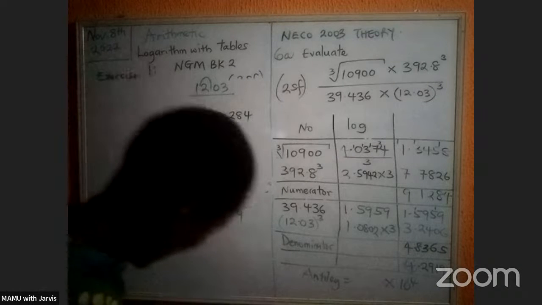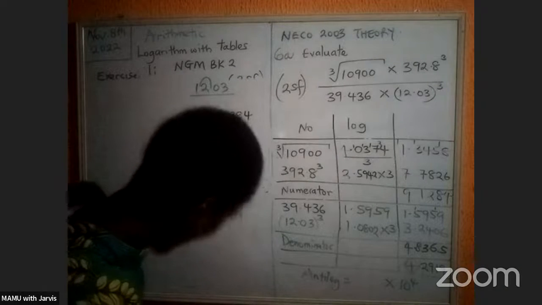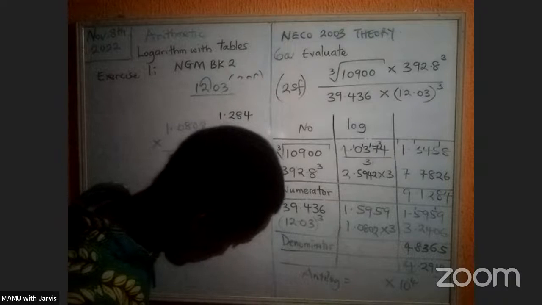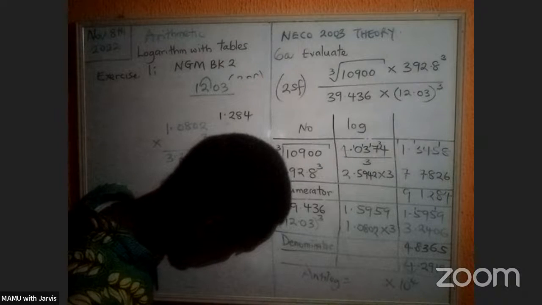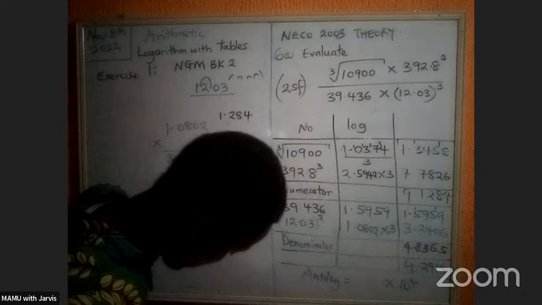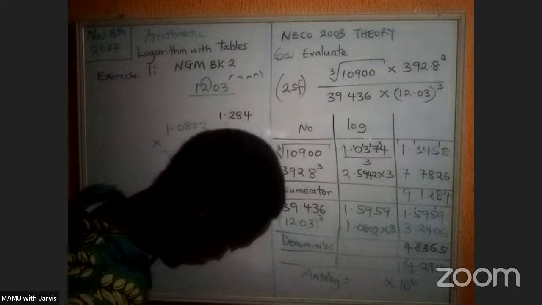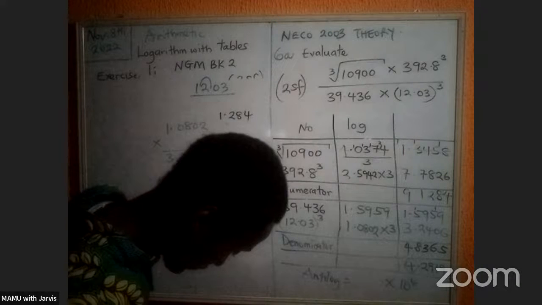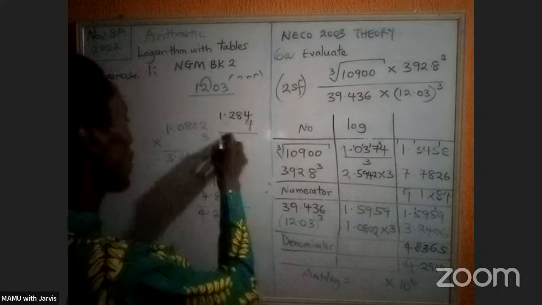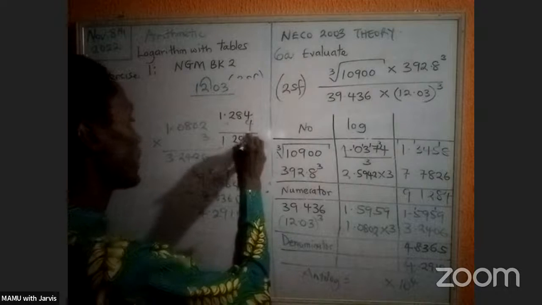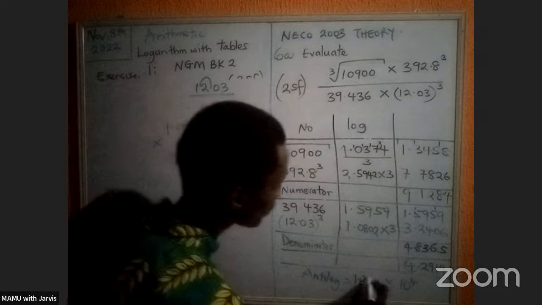Difference 9. 29 under 1, difference 9. That'll be 4. So that'll be 1.288.